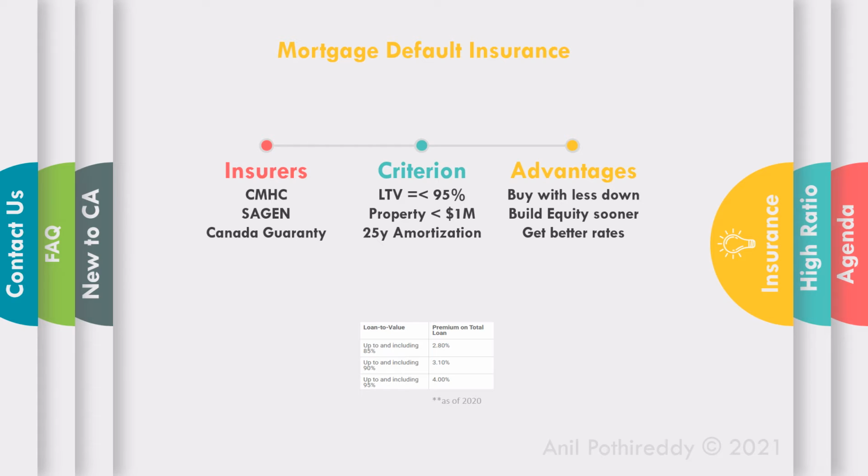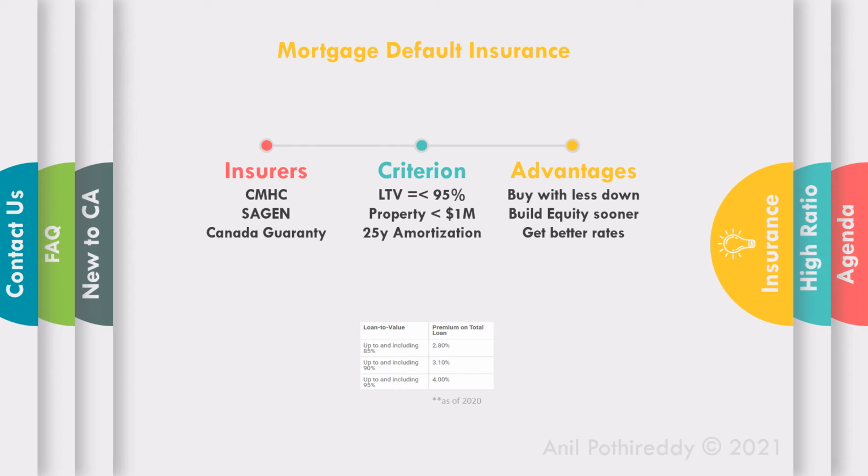In a way, you're able to build your equity sooner because you're buying the property sooner than later and starting to build equity, your monthly payments are going towards your home purchase versus a rental property. And you would have noticed there's a lot of ads that give you low rates, but they all say for high ratio mortgages. So typically, because the mortgage is insured, the lenders are able to give better rates because the risk is carried by the insurer, right? If the mortgage defaults, the lenders get paid by the insurer, so they do tend to give better rates for the high ratio mortgages.